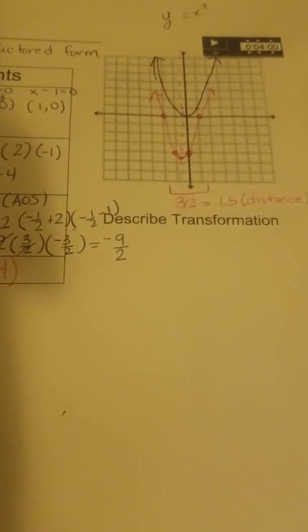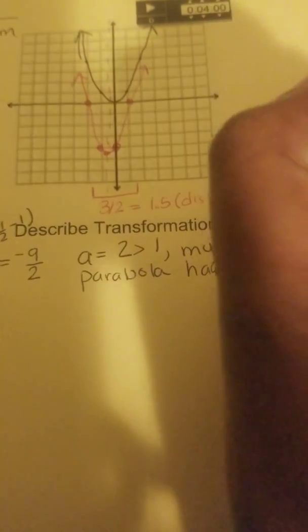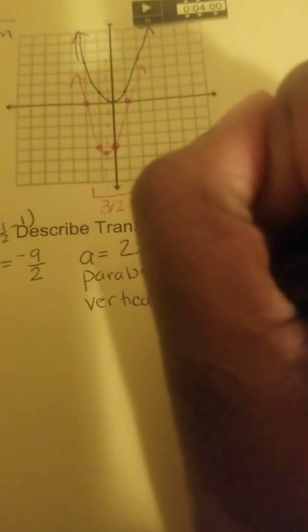Now, when it says describe the transformation, I know since a is equal to 2, and 2, of course, is greater than 1, my parabola had a vertical stretch of a factor of 2.